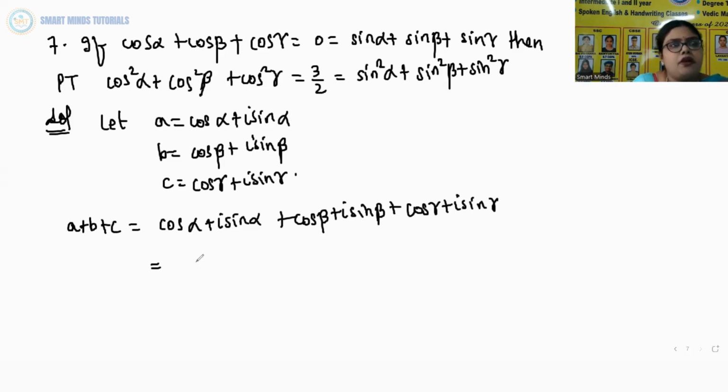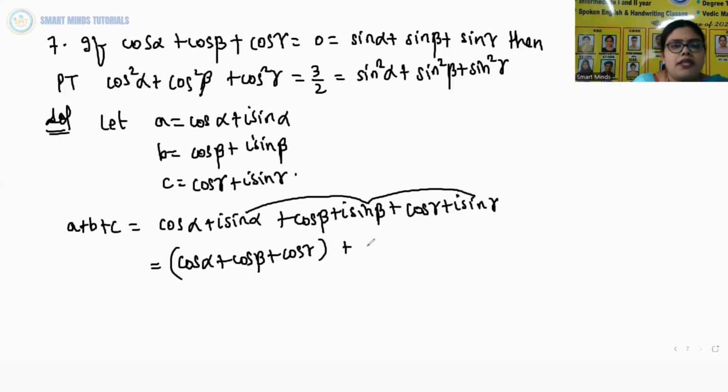Now we are separating cos and sin. So cos alpha plus cos beta plus cos gamma, we are writing in one single bracket. And from these three terms, I am taking i common. So we get sin alpha plus sin beta plus sin gamma.